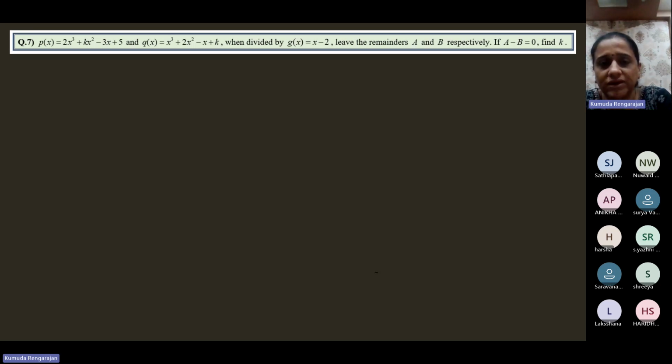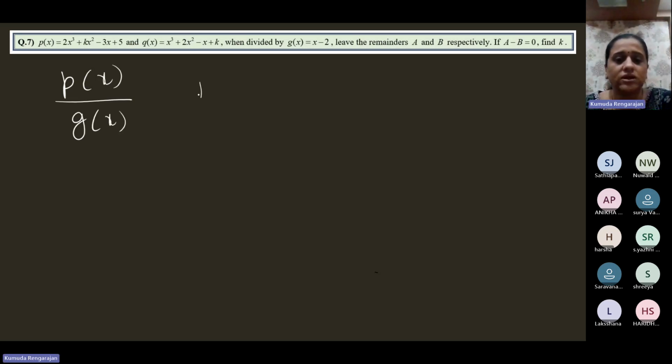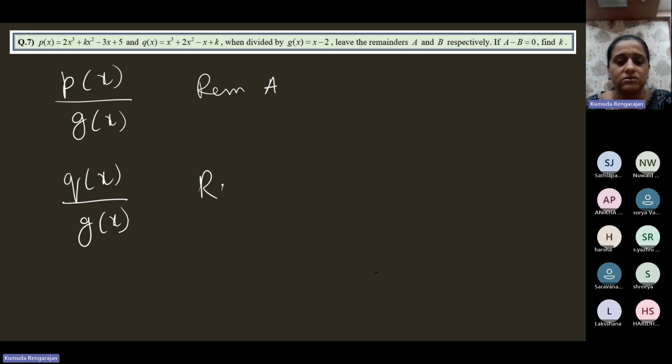When P of x is divided by G of x, the remainder is A. When Q of x is divided by G of x, the remainder is B. Is that understood, children? So what is G of x?